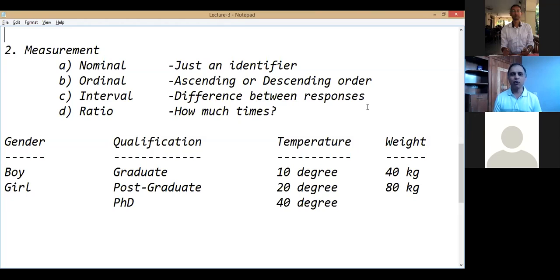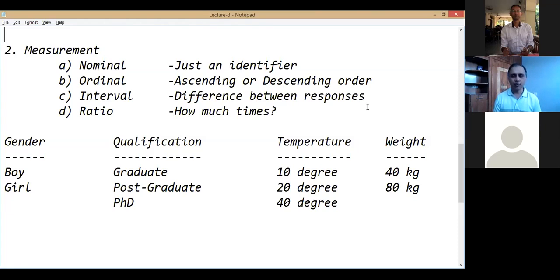Let me give you my observation about it. I divide it into three parts. One is a question that is asked to the respondent. The second is the response given by the person, and both of these are not measurement. I consider measurement as the inference I can draw from the answers.